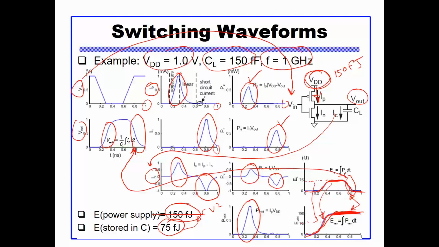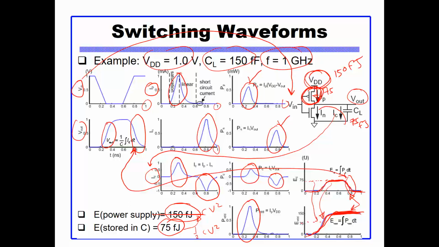Okay, CV square, half CV square, and the other half. So we will draw 150 femtojoule, 75 of those femtojoules stored in the capacitor, and 75 are dissipated as heat in the PMOS.